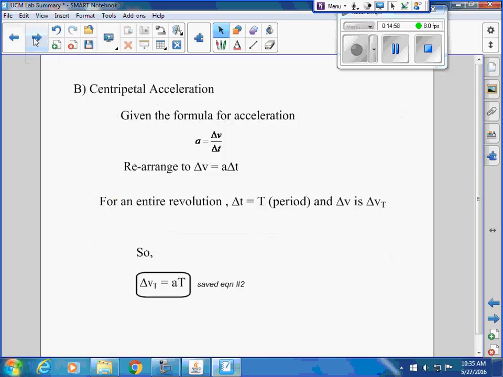Centripetal acceleration. Given the formula for acceleration, which is a equals delta v over delta t, I'm going to rearrange that to delta v is equal to a times t. Everyone here should be good with that.